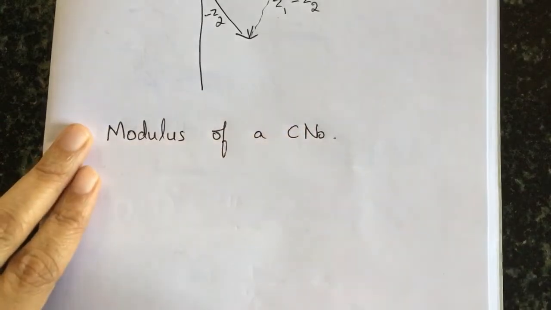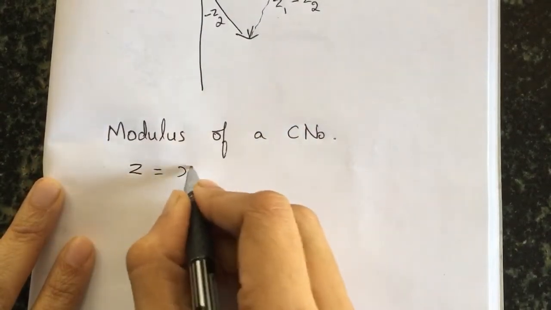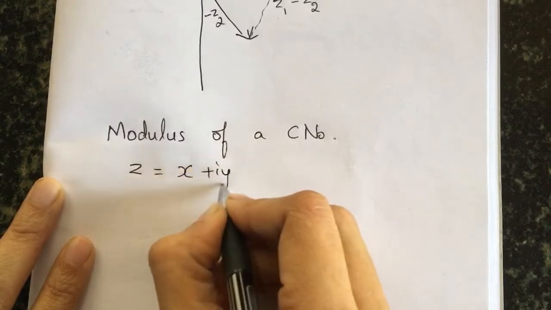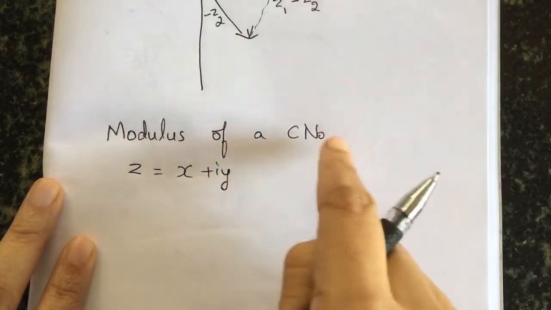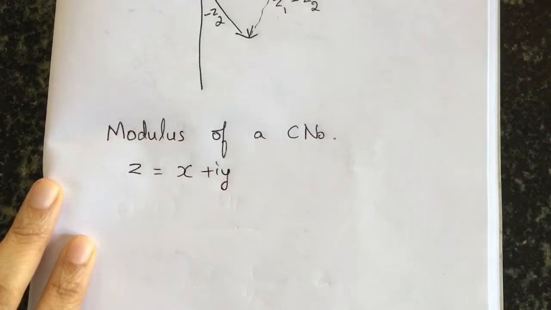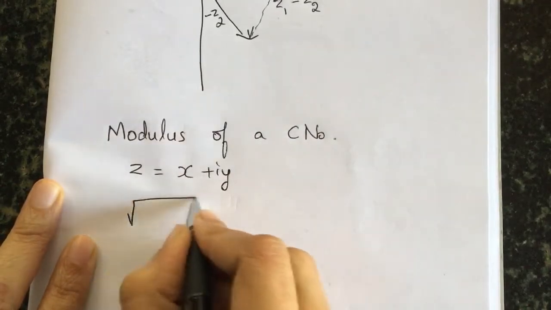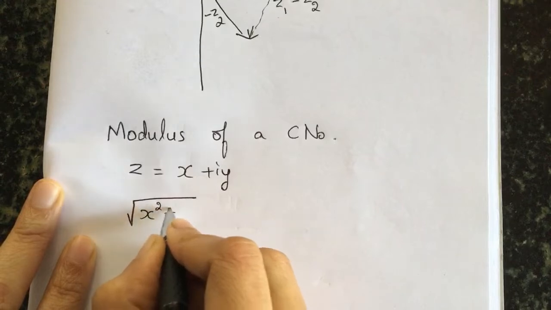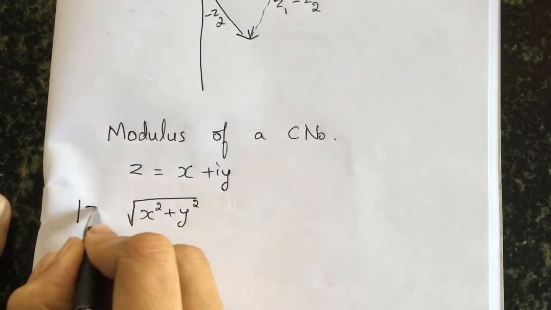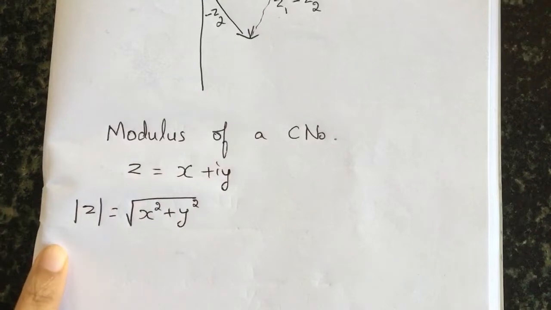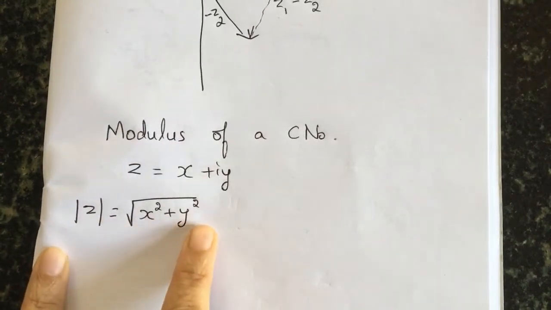Say if I have a non-zero complex number z equal to x plus iy, then the modulus of the complex number is a non-negative real number, that is the square root of x square plus y square, which is denoted by mod z. Mod z equals the root of x square plus y square.